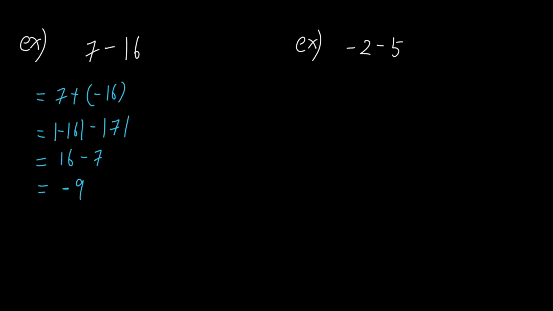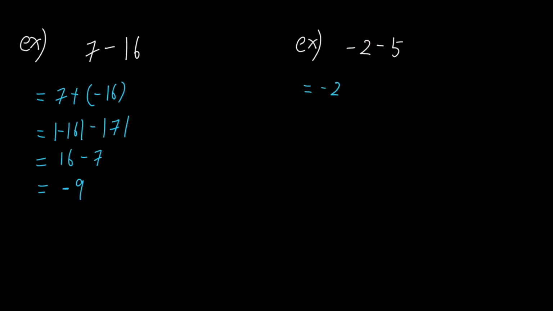Okay, here is another one: negative 2 minus 5. Again, observe that this is subtraction, and it's a negative number subtracting a positive number. Just use the formula.